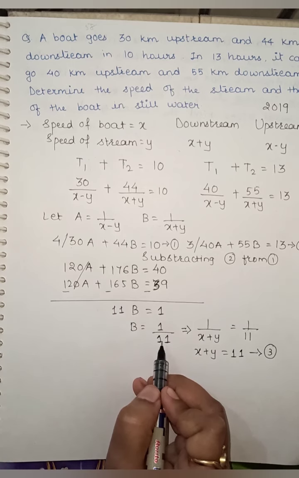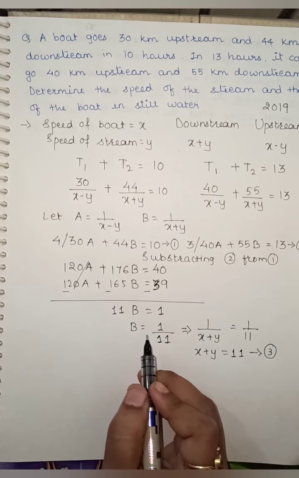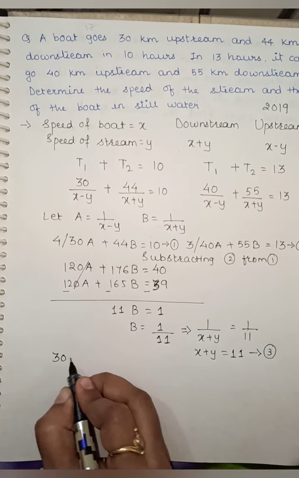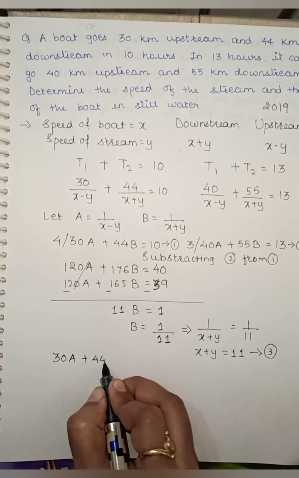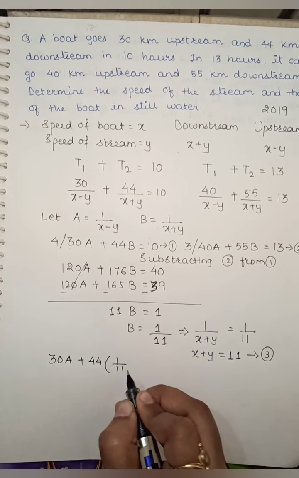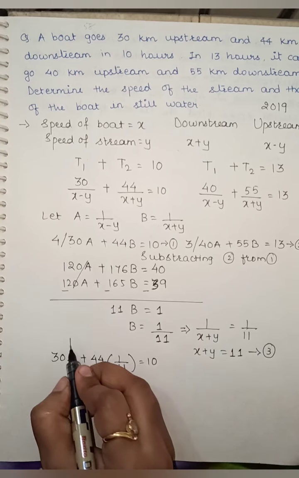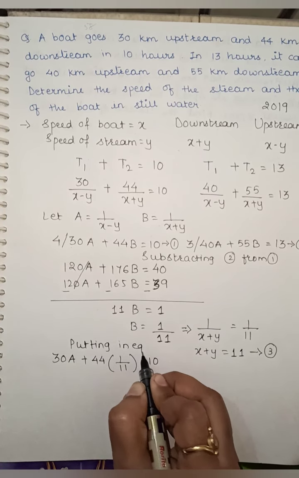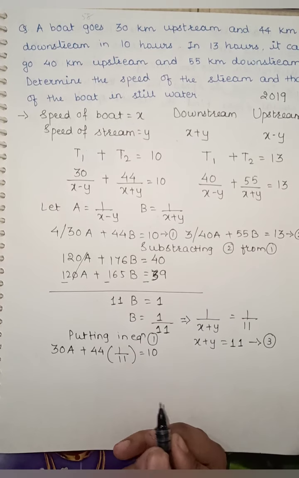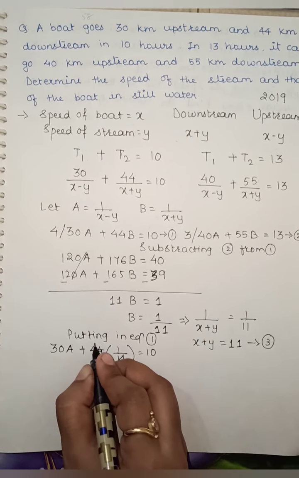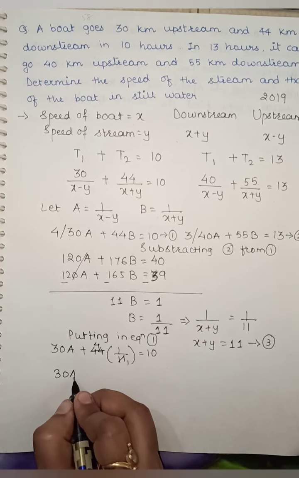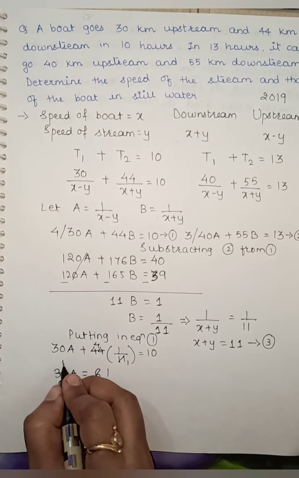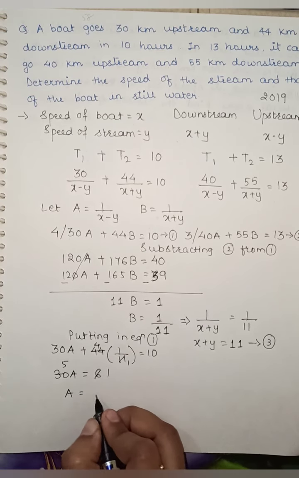Now put this value of b and obtain the value of a in any one of the equations. What if I put it here? So I will get 30a plus 44b, now value of b is 1 upon 11, equal to 10. Here I can write, putting in equation 1. 11 fours are 4, which means 30a is equal to 10 minus 4, that is 6, and 6 fives are 30, which means the value of a is 1 by 5.